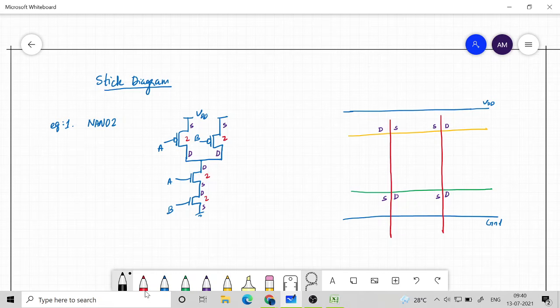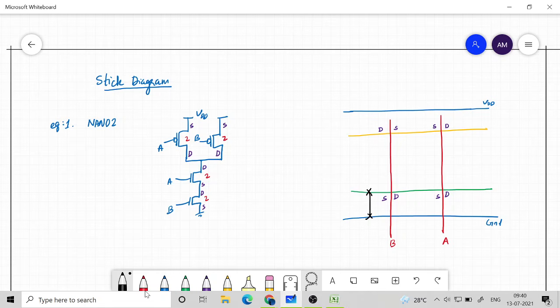Let's say this is transistor B, and let's denote that this is B and this is A. To make the connections, the source of transistor B, NMOS, is connected to ground. So we draw a black line and a cross mark to show that these are contacts. This is how we draw the stick diagram.